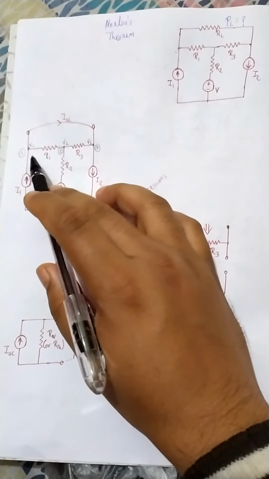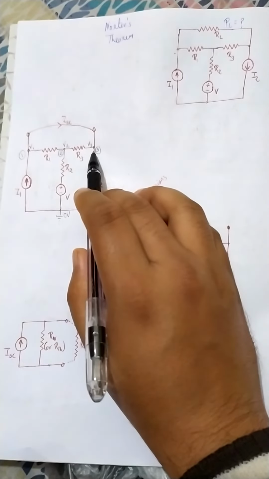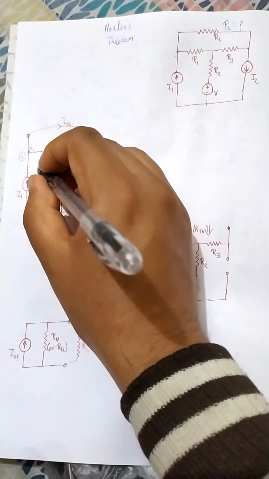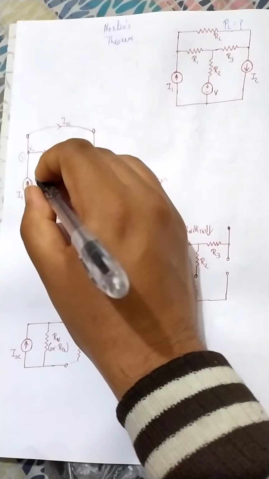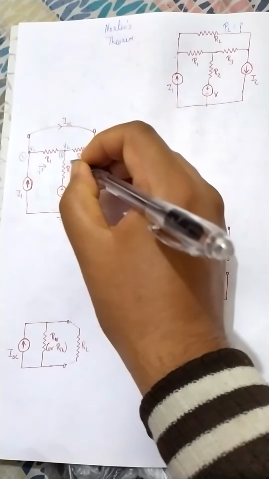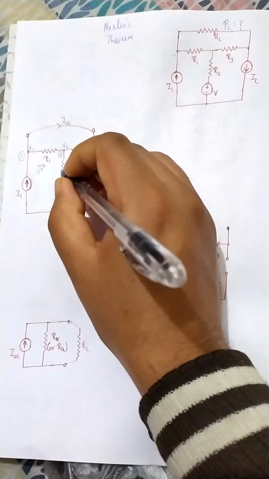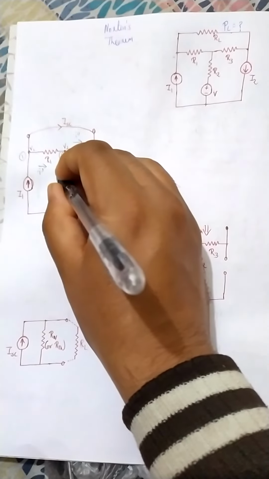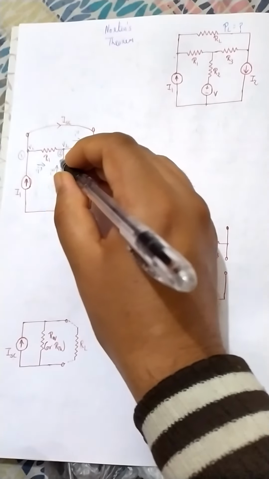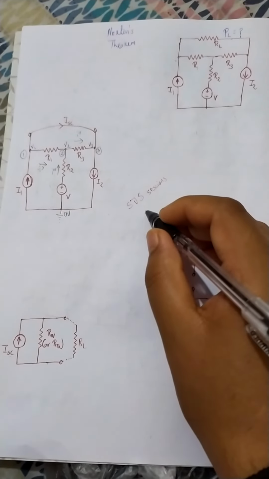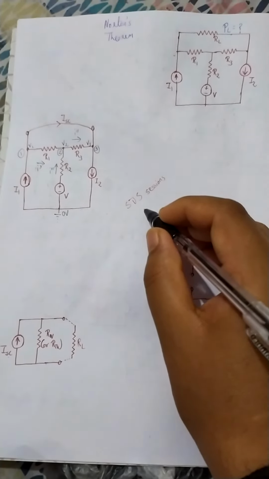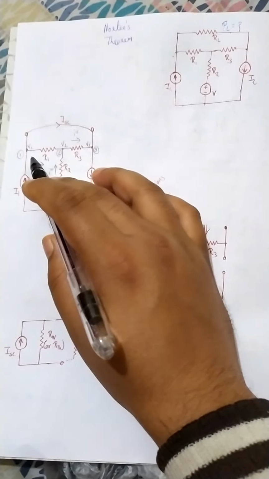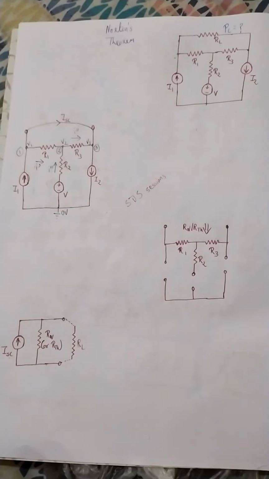Now we have three nodes, 1, 2 and 3, and we are going to apply KCL. For that we have to consider the direction of currents. Let me suppose this is I dash, this is I double dash, and this is I triple dash. Now we apply KCL at the three nodes.